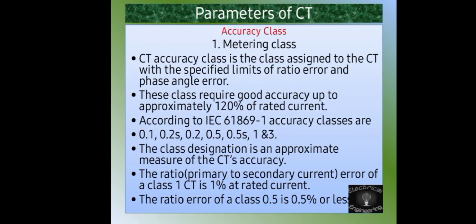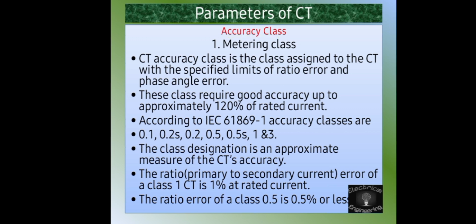So the next topic is parameters of the CT. There are different parameters in the CT: one, accuracy class; two, burden class; and the magnetization curve. Let's see the accuracy class.